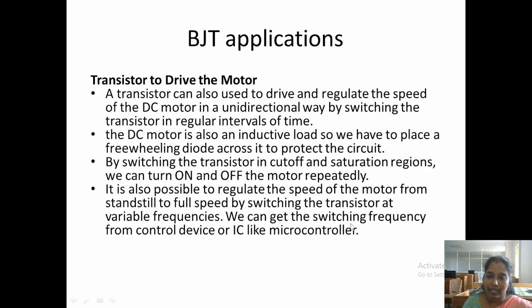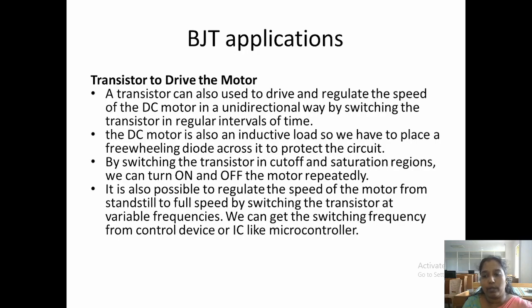By switching the transistor between cutoff and saturation regions, we can turn the motor on and off repeatedly. It is also possible to regulate the speed of the motor from standstill to full speed by switching the transistor at variable frequencies. We can get the switching frequency from a control device or IC like a microcontroller.